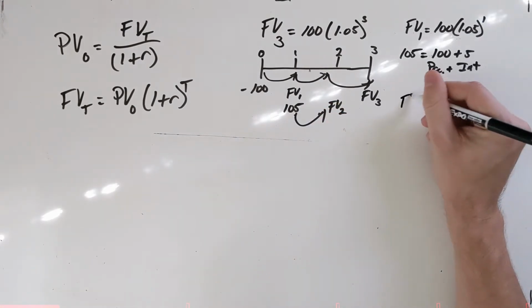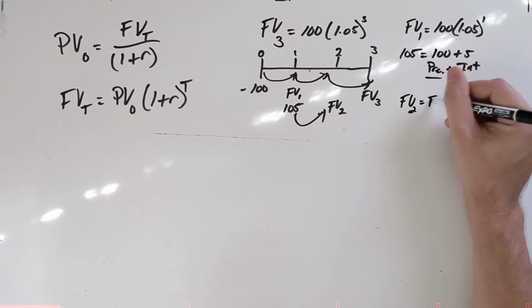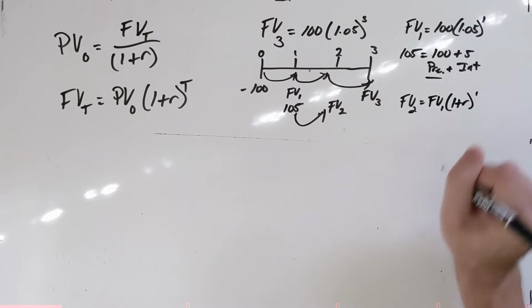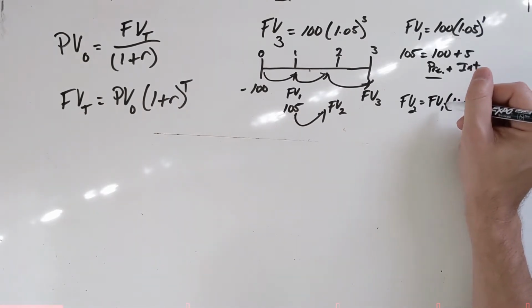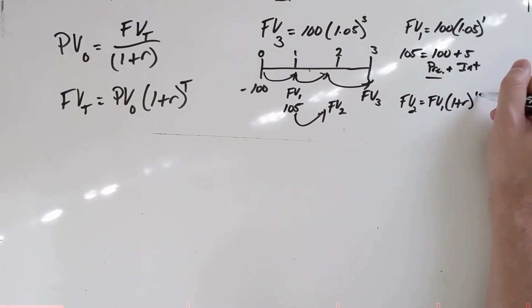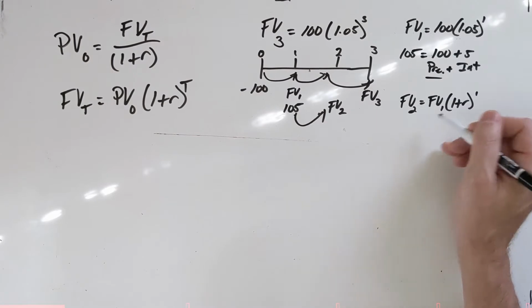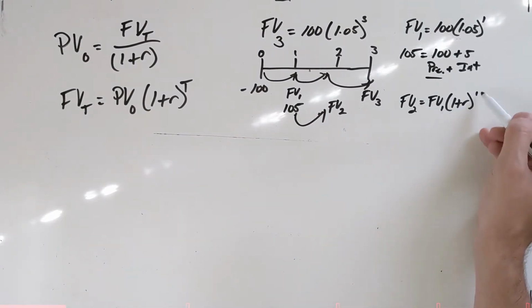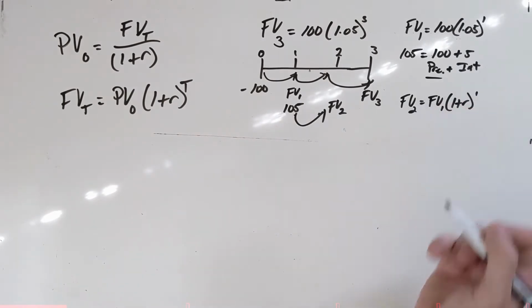And so the future value in time 2 is equal to the future value in time 1 times 1 plus the rate of return to the first power, because again, the distance between this value and this value is 1 year. That's where these little subscripts become handy, because you can easily see the difference between year 2 and year 1 is 1 year, so that is how many years of interest I'm going to be earning.